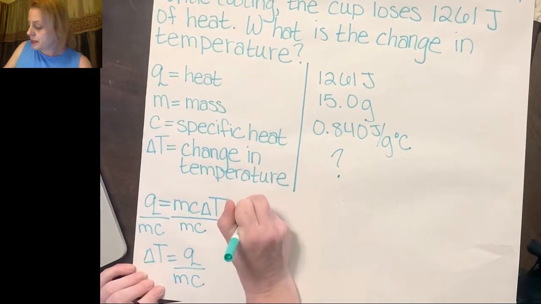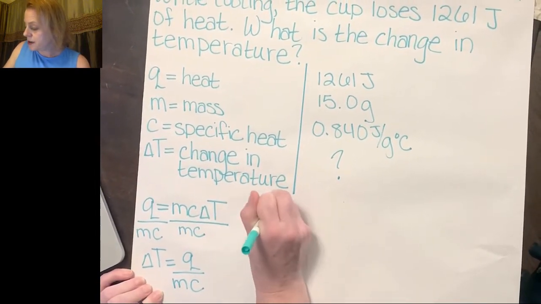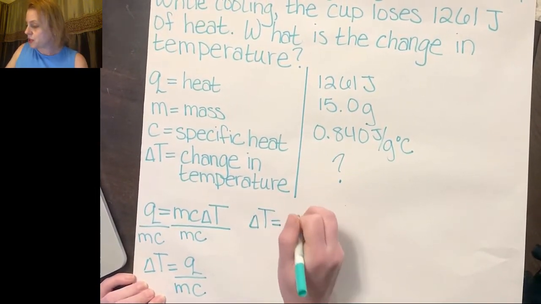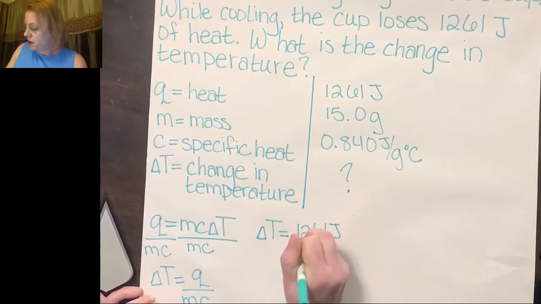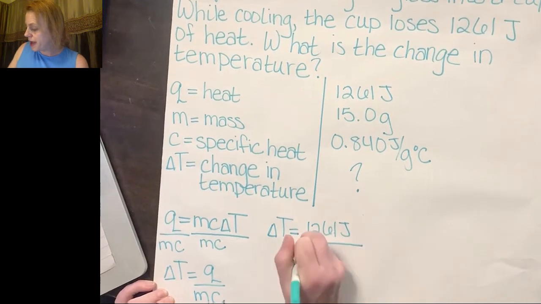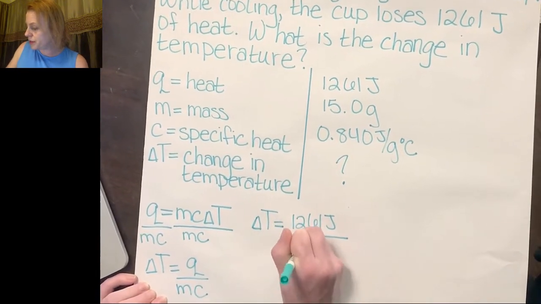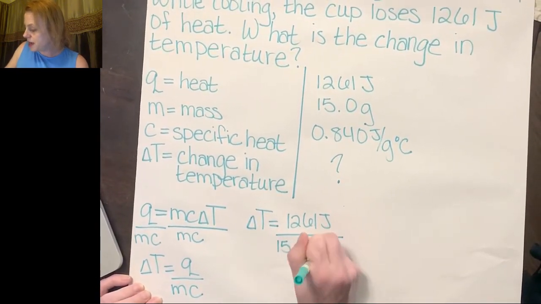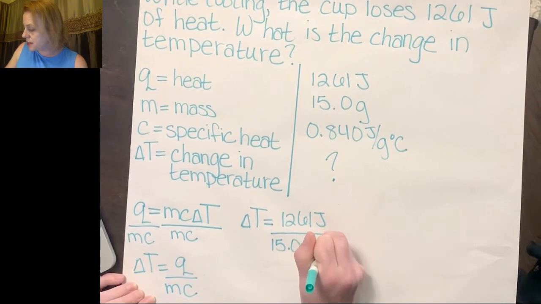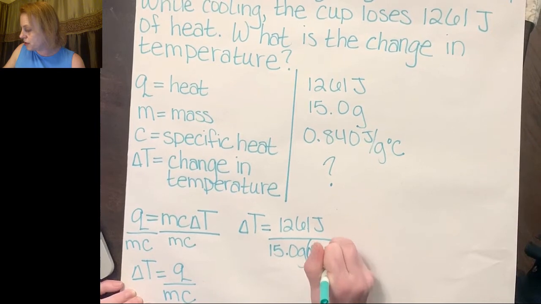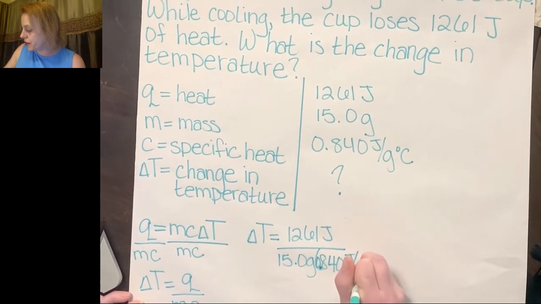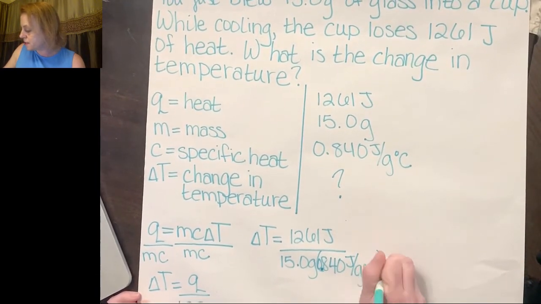So delta T equals, my Q is 1,261 joules, over my mass is 15.0 grams, times specific heat, 0.840 joules per gram degree Celsius.